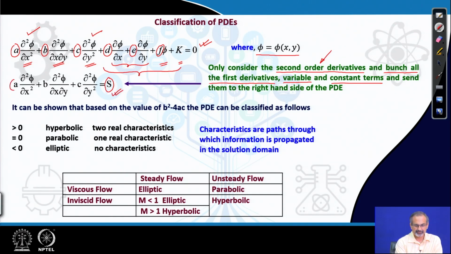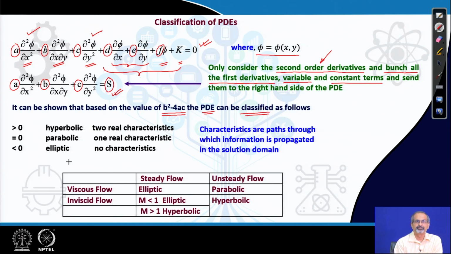As far as the second order terms are concerned, we have to take note of their coefficients A, B and C. They are going to play a pivotal role in the classification process. Now, if we go into the mathematics of this approach, we will find that the value of b square minus 4 ac, which can be identified as a discriminant, will help in the classification.